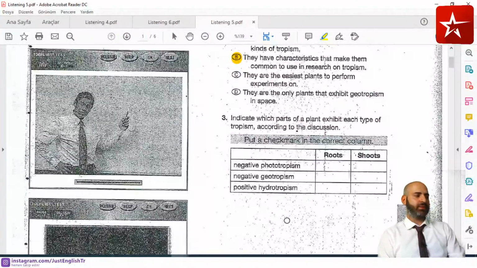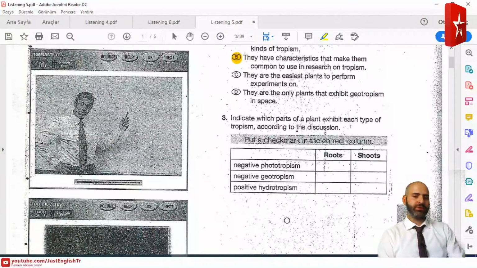I see an answer from Ece. Do you agree, guys? Ece says roots. Do you agree with her? Dilara also thinks roots. Good.